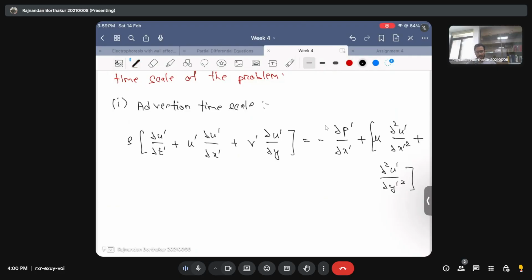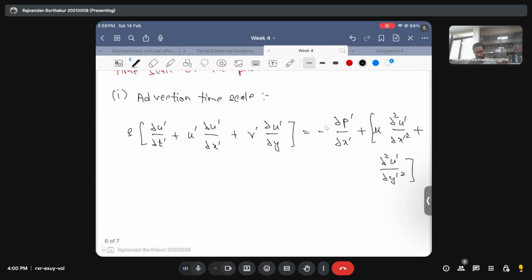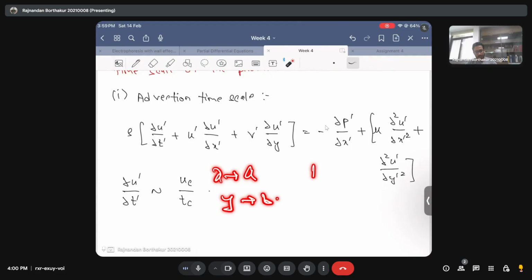Okay, and then in addition to having an imposed time scale, I can also have an advection time scale, for which I will write down this term del u prime by del t prime, and I can tell that this term basically scales as Uc by tc. Because I already told you that if a variable x scales as a, and a variable y scales as b, then dy by dx will scale as b by a.